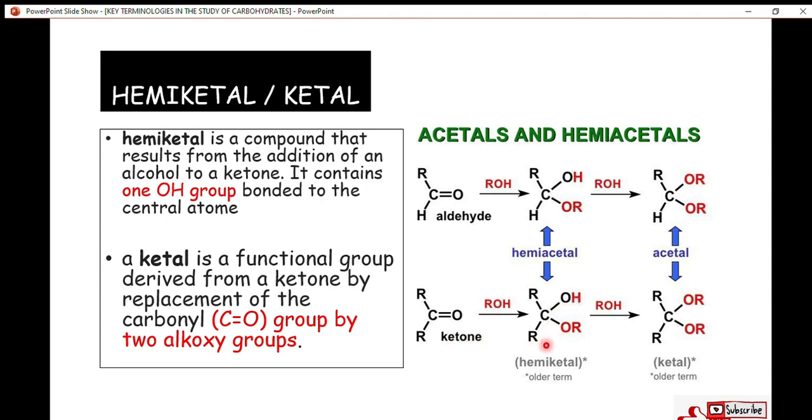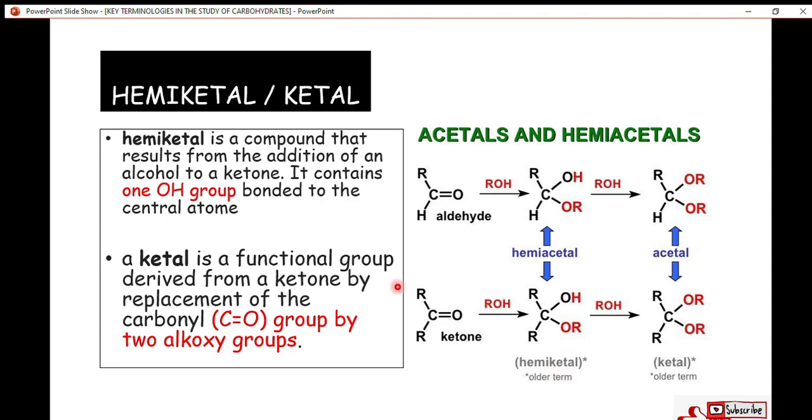So we get a hemi. A hemi means it's just half. So we are adding only one hydroxy group to this ketone. So we get hemiketal, as in the case of aldehyde. When we add one hydroxy group to an aldehyde, we get hemiacetal. So in the case of ketone, we get hemiketal for the first reaction.